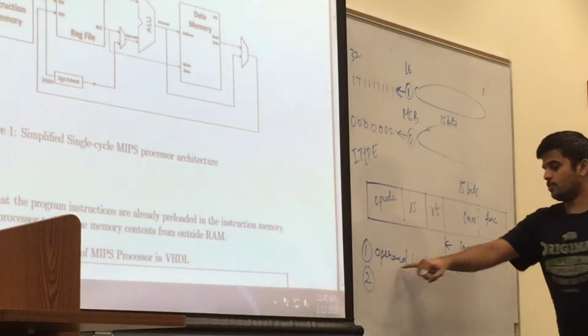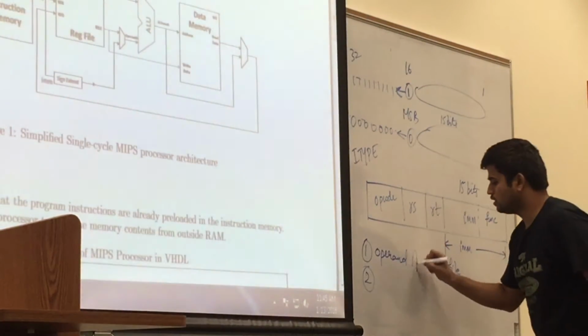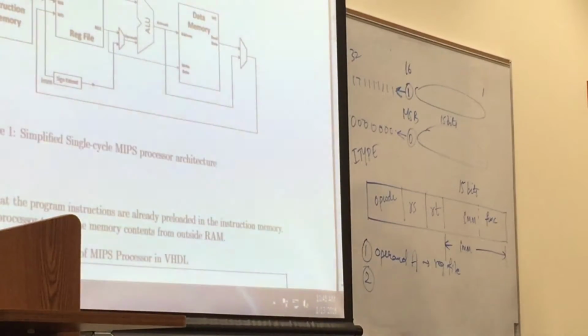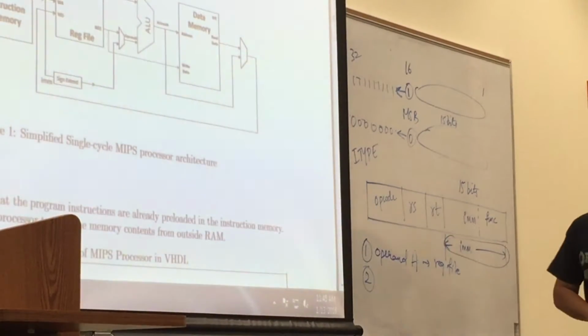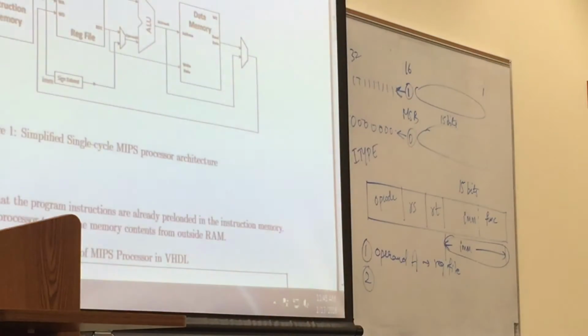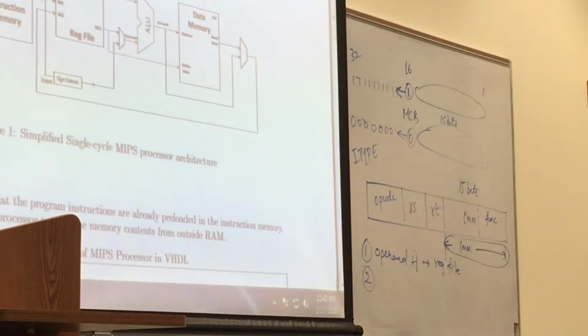In this immediate instruction, operand A, the first operand, will be coming from your register file, but the second operand will be the sign extension of this immediate value, because that immediate value, which is of 16-bit length, will be fed to the sign extender. That will be sign extended, and that will be fed to your mux.